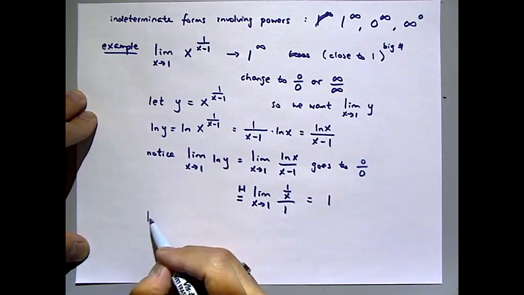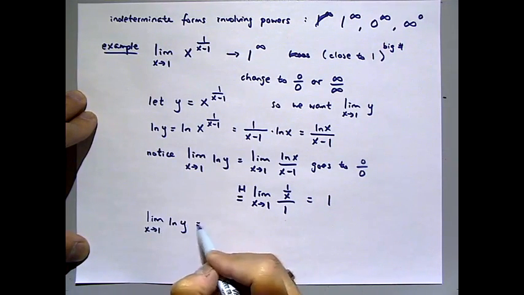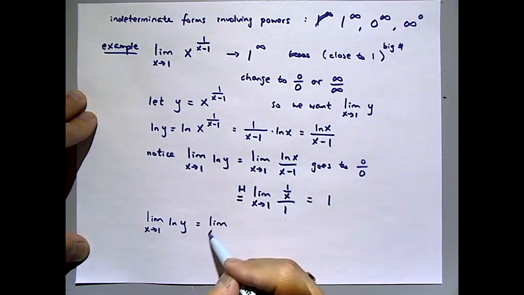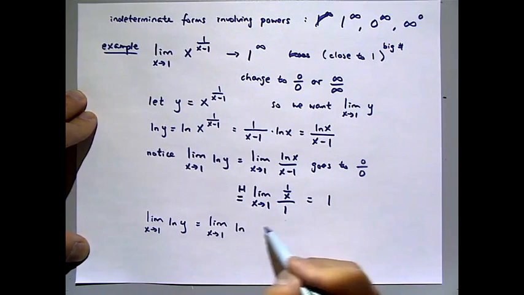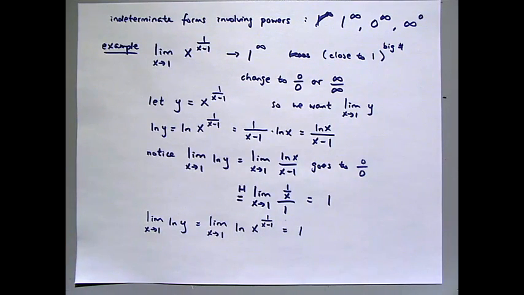So what this really means is that the thing we wanted, whose natural log has a limit of 1, and the only way that can happen is if this thing approaches e.